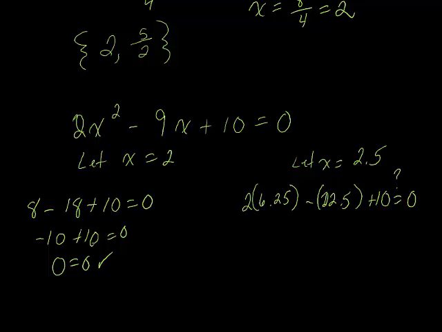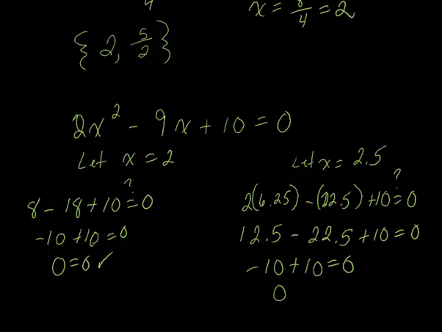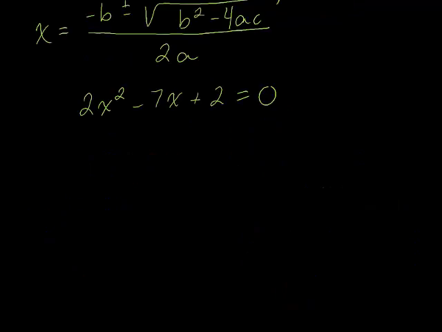You can also put a question mark here if you're doing this on your own because you're asking, is this true? 2 times 6.25 is 12.5 minus 22.5 plus 10. This gives you -10 plus 10 equals 0, and 0 equals 0. So that checks out. So now let's look at the second one.